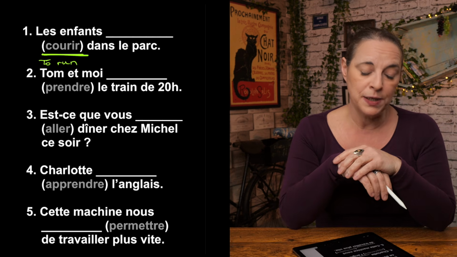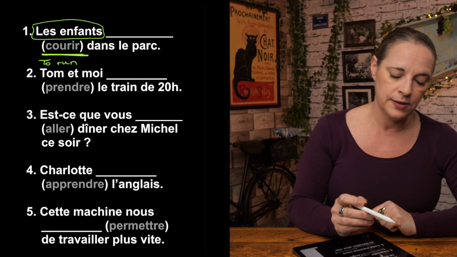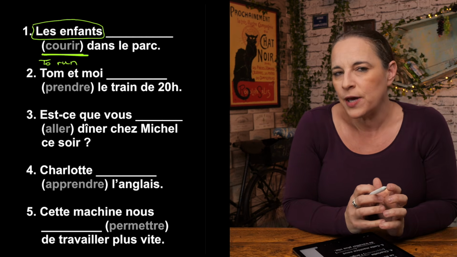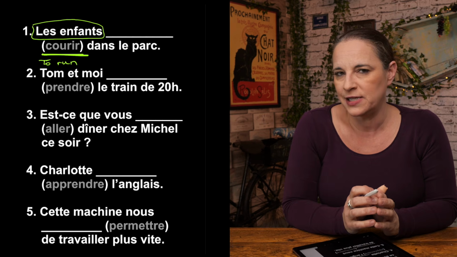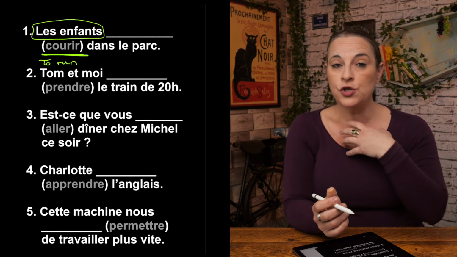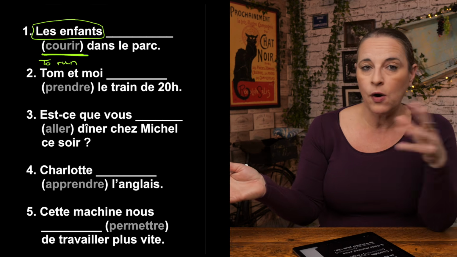In this case, because it is les enfants and the children represent this subject, if you were to replace les enfants by a subject pronoun, what subject pronoun would this be? Would it be je? Would it be tu? Would it be il or elle?